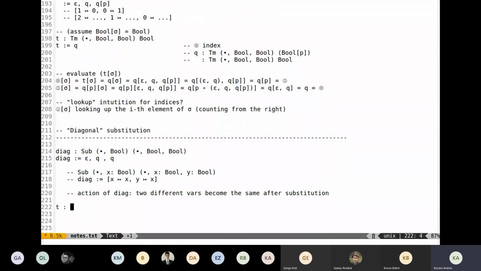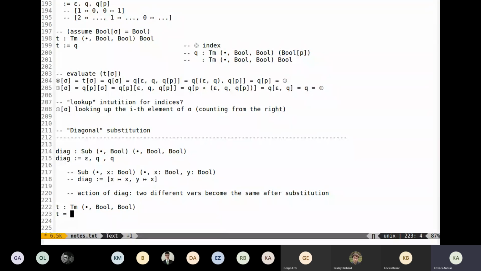So if I have a t, which is a term of bool, but now maybe we don't have very spectacular examples, because for good examples, I should write some term which depends on two variables.